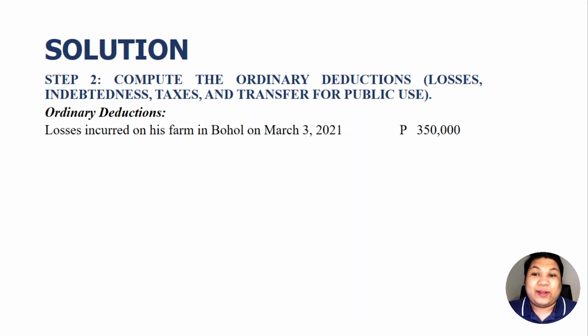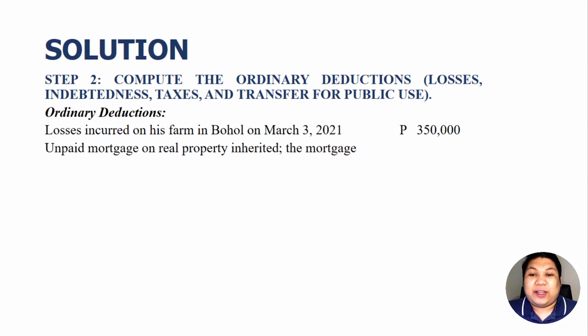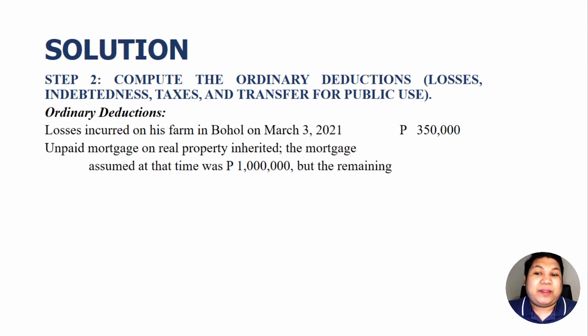Okay, unless of course the problem would say that this loss was deducted already on his income tax. And also the unpaid mortgage. Remember, the property inherited from the father was subjected to a mortgage, and Juan assumed the mortgage, which at that time was 1 million pesos. Okay, that was the mortgage that Juan assumed.